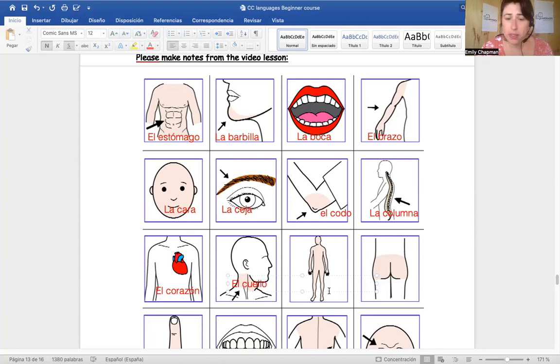Body in general, we would say el cuerpo. El cuerpo. And if you wanted to say bottom, the polite way, we would say el trasero. El trasero. That would be the politest way. For instance, if you had sciatica and the pain was going up, you could say, me duele el trasero.